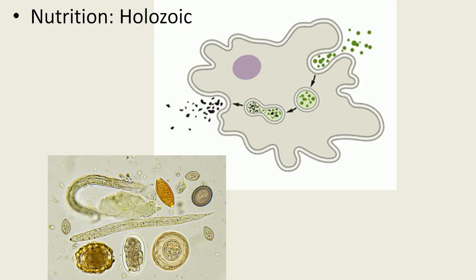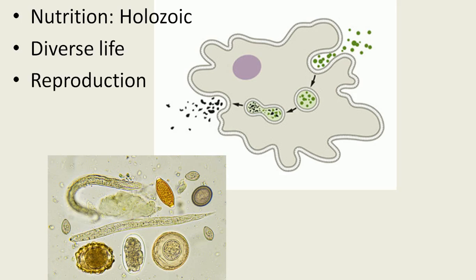This holozoic type of nutrition is found in protistans. Diverse life: in the second picture we observe different organisms found in small aquatic life, a very diverse life found in the protistans.